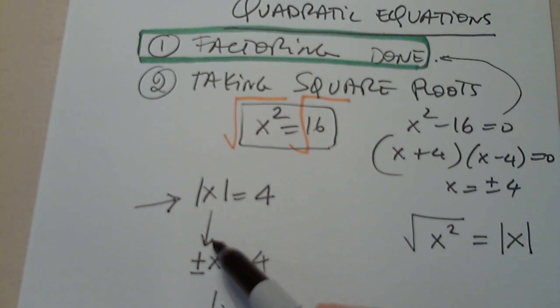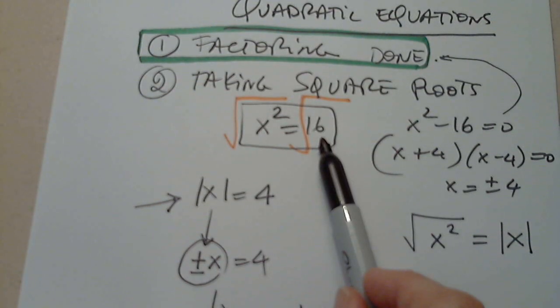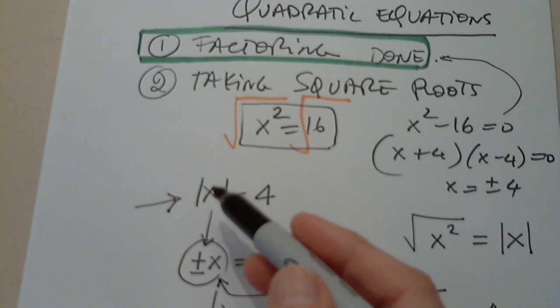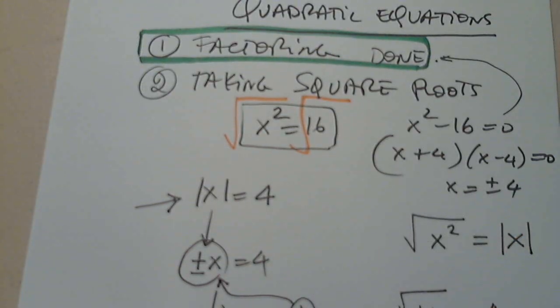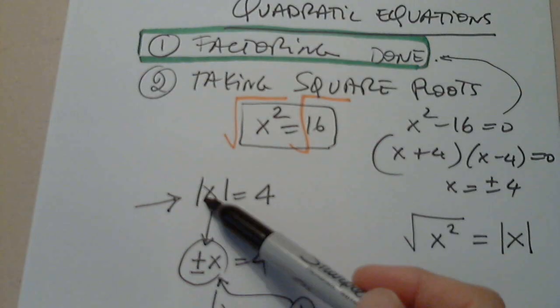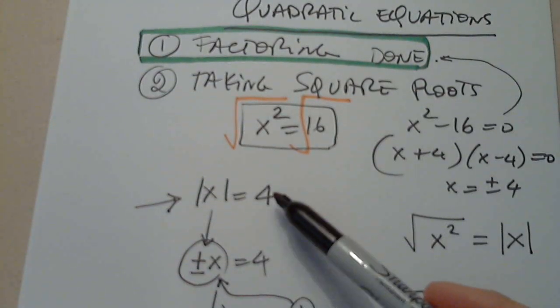I don't want you to think that the plus or minus are coming from the right-hand side. No. The square root of 16 is only 4. The plus or minus come from this side, from the absolute value. Why? Because positive 4 in absolute value is 4. Negative 4 in absolute value is also 4.